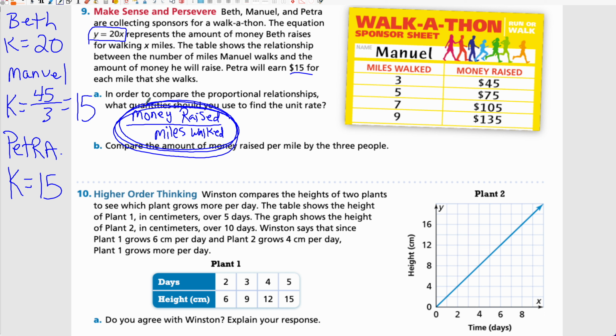Now, compare, part B. I wrote all over it, but you can still read it. Compare the amount of money raised per mile by the three people. So just compare. 2 people raised 15 and 1 raised 20. Beth raised $20 per mile.